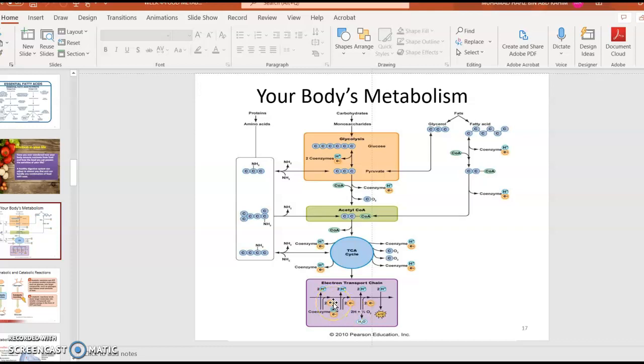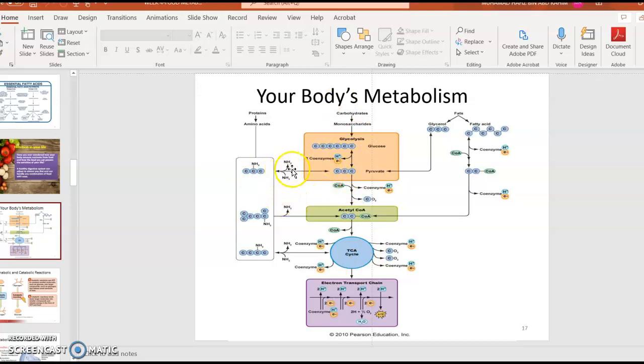We also know that the major energy supplier is carbohydrate, and if we have excess carbohydrate it can be turned into fat. Protein is the last resort for energy generation, and the backbone or carbon structure of the protein can also enter into the energy metabolism pathway.